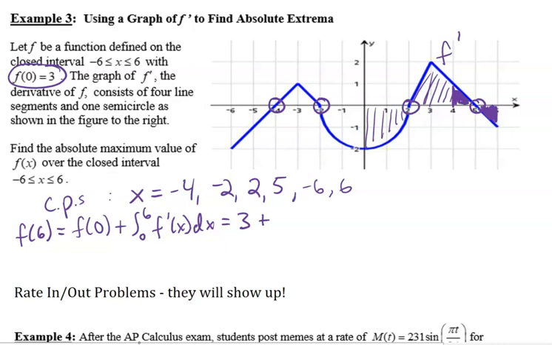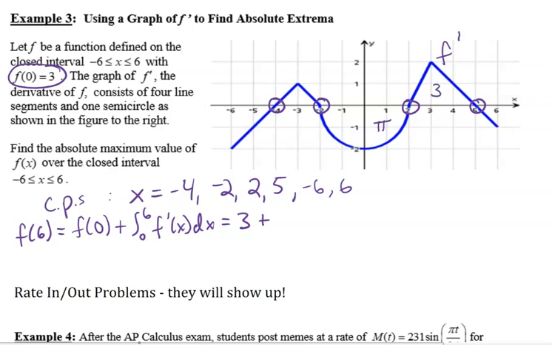So the area below here, again, we have a quarter circle, where the whole circle would be an area of 4 pi. So that's just pi. Okay, this whole triangle is 3 by 2, so it has an area of 3.